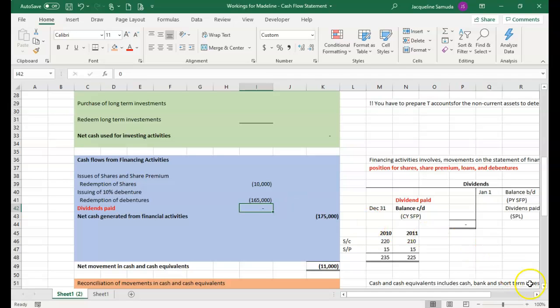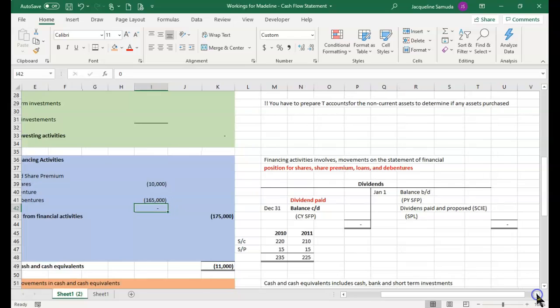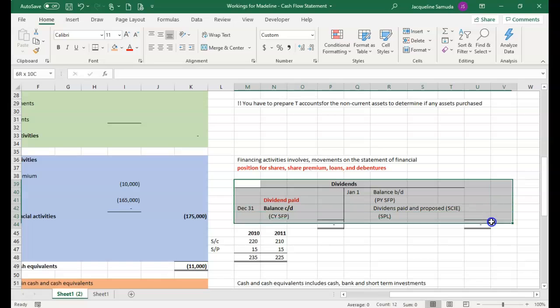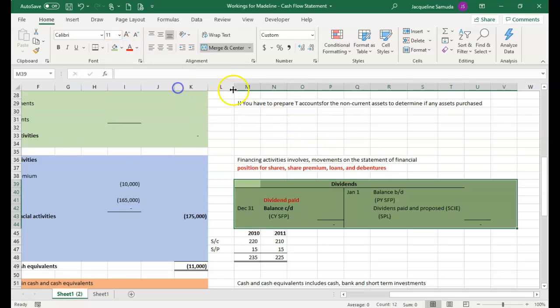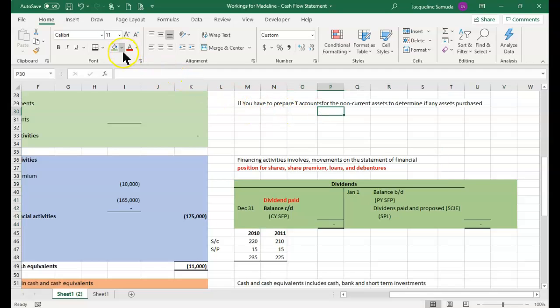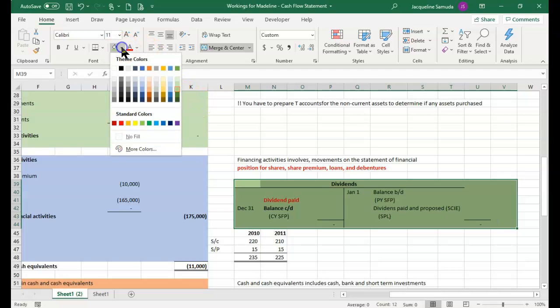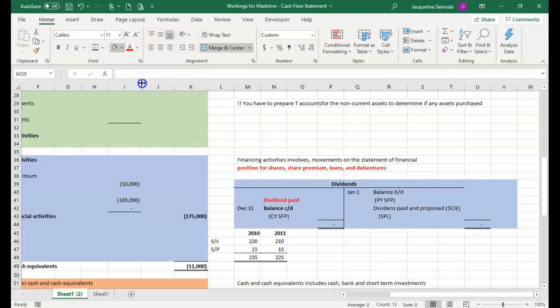All right, so let me shift my screen a bit. And here we have our dividends account. Let me just highlight it for you. Let me use a different color so we won't mix up. All right, let's use about the same blue.